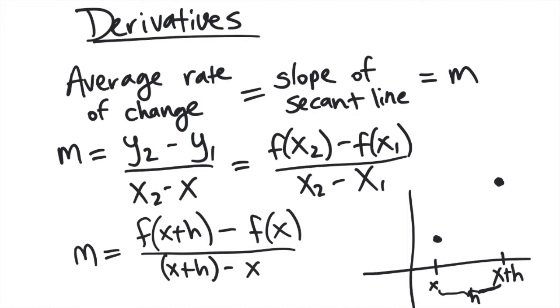Okay, which if you look at the bottom, you have x plus h minus x. The x's are actually going to cancel each other out. So an even simpler way to write this exact same thing is to say that this is f of x plus h.